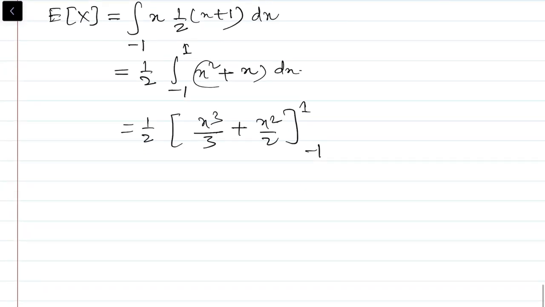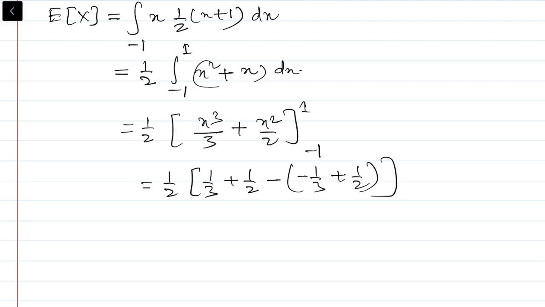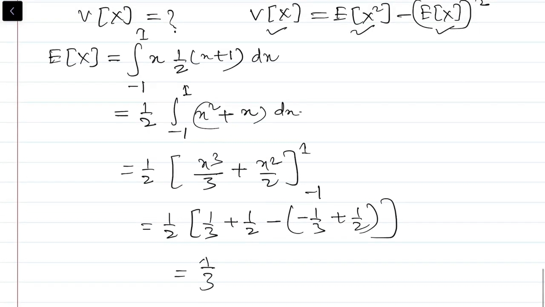Then we can put in the values. This is 1/3 plus 1/2 minus (-1/3 plus 1/2), right? And if you solve this, you'll get 1/3. So we got expectation of x.